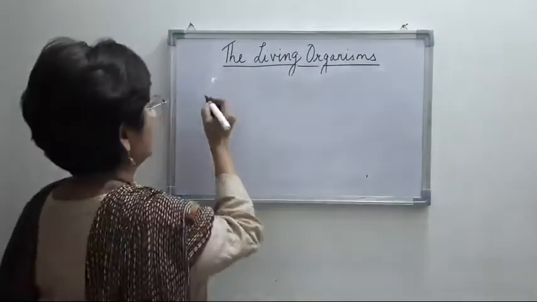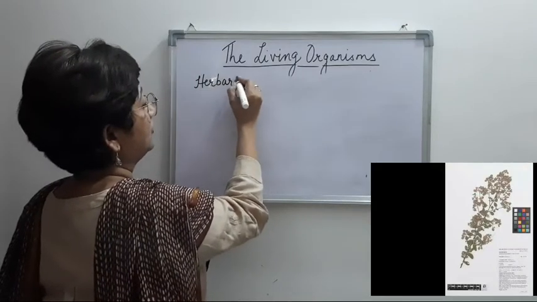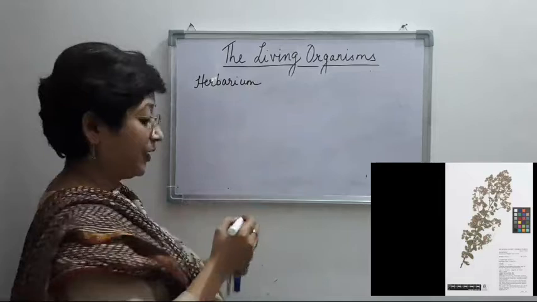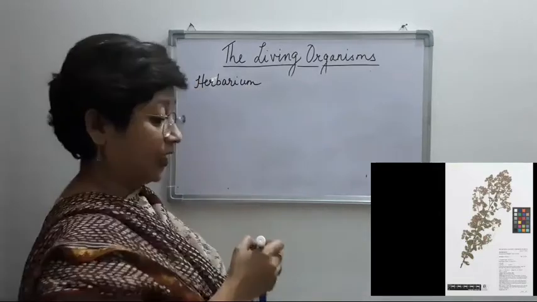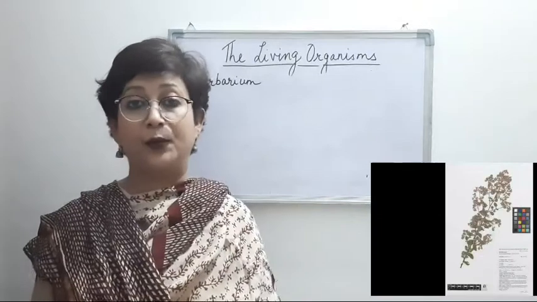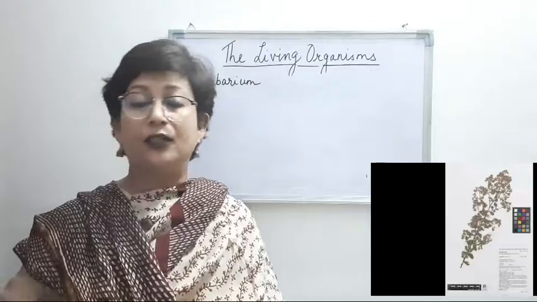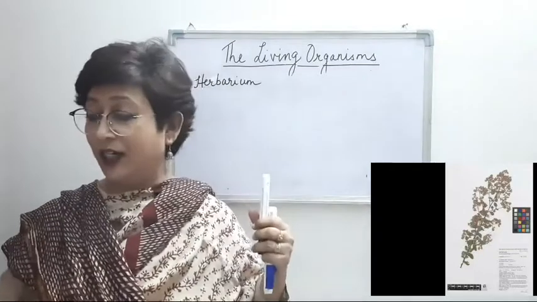Right, so the first one is the herbarium. Right, herbarium is the singular term and the plural of herbarium is herbaria. Right, so herbarium is the first taxonomical aid that we will discuss.